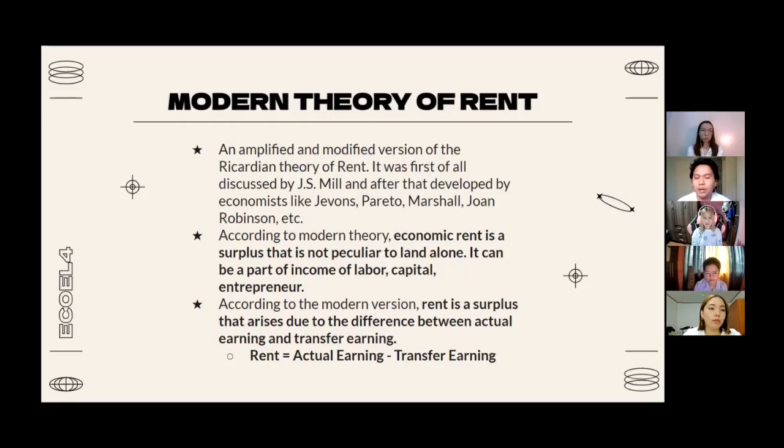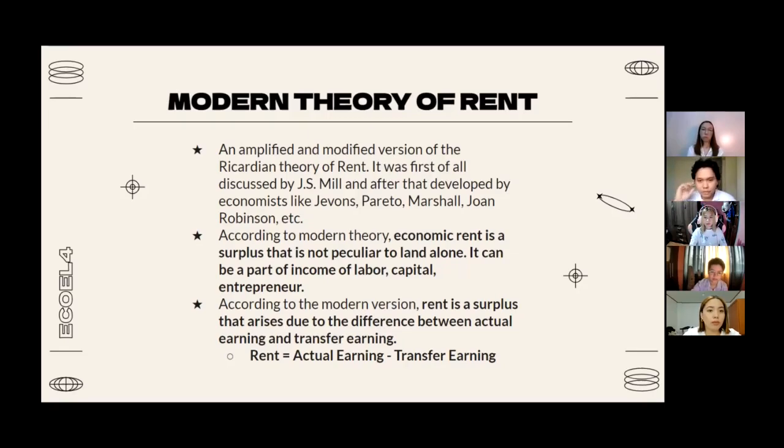It can be part of the income of labor, capital, and of course entrepreneurship. According to the modern version, rent is a surplus that arises due to the difference between actual earning and transfer earning. So rent is equal to actual earning minus transfer earning.